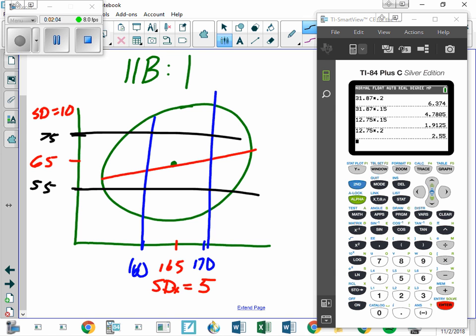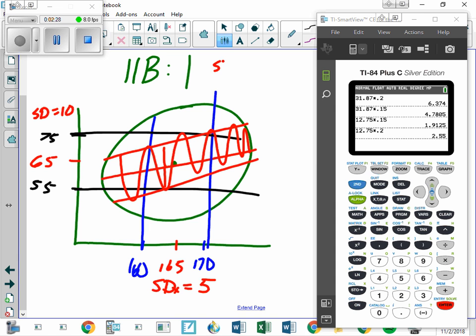And then what we learned in this section is we can actually draw two lines that are parallel to the regression line. So if I go up and down one RMS error, this will capture 68% of the people also. And what do we know about the comparison between the SDY and the RMS error?